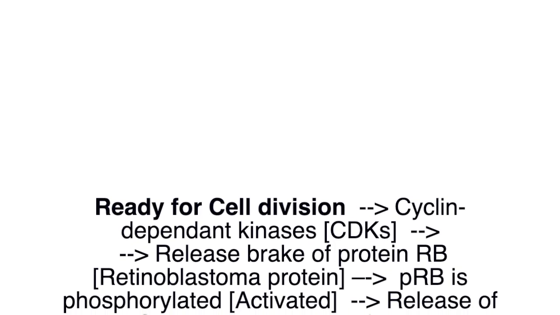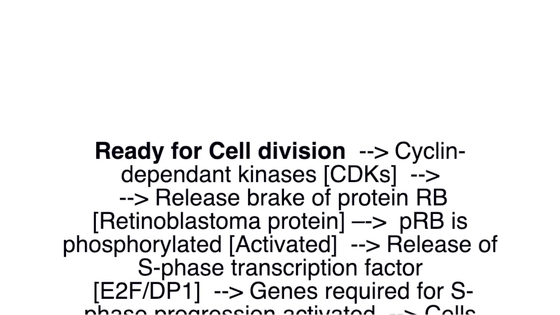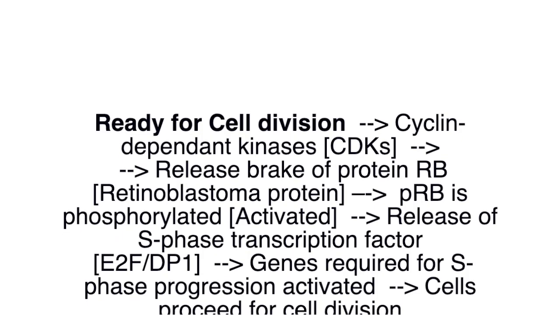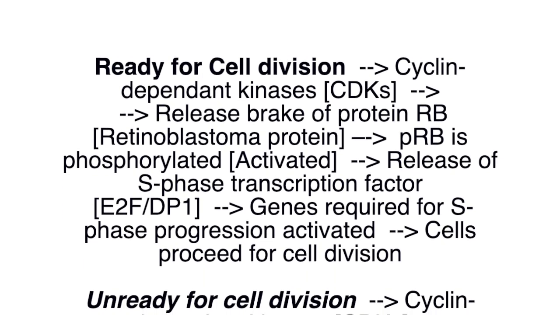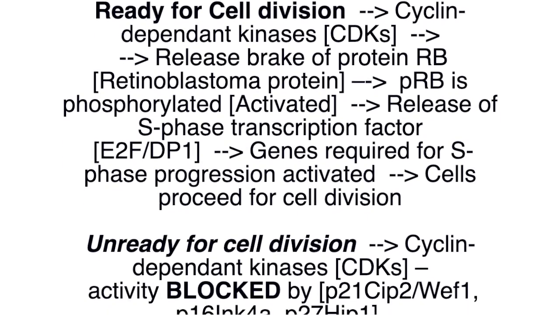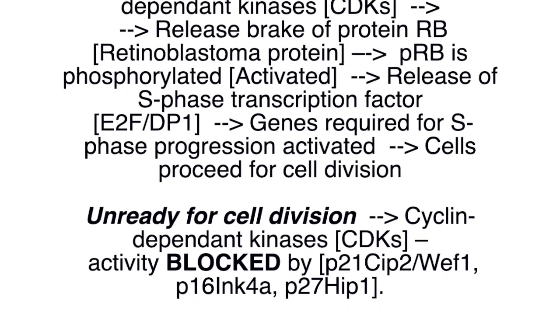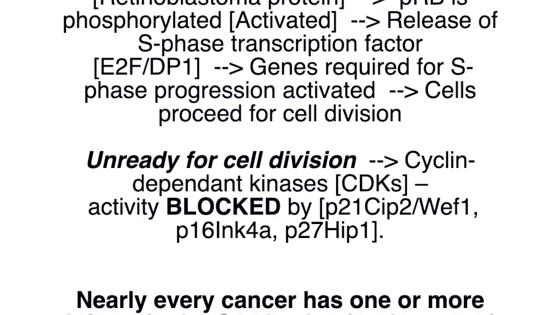Ready for cell division leads to cyclin-dependent kinase activation, which releases the brake of protein RB, that is retinoblastoma protein. pRB is phosphorylated, that is inactivated. Then there is the release of S-phase transcription factor E2F-DP1. Then the genes required for S-phase progression are activated, and the cells proceed to cell division.